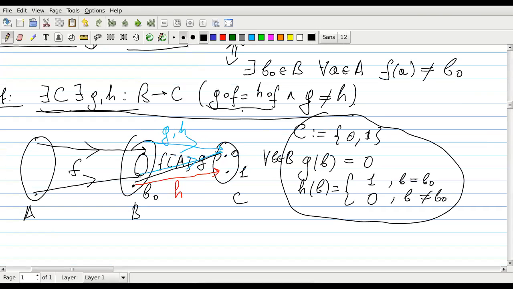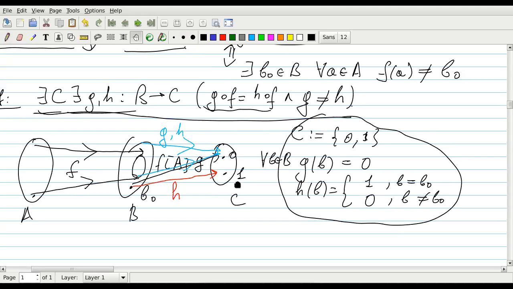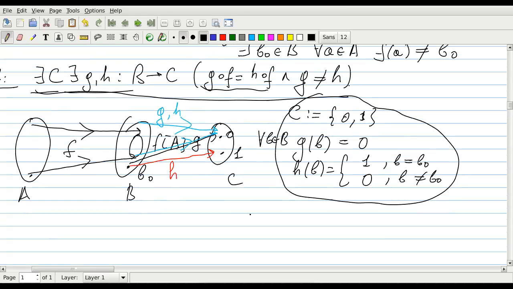And the only thing which remains to be done is proving that these two compositions are equal while G differs from H. Why does G differ from H? G of b0 equals what? 0. 0 is not 1, so G and H are distinct. Is it clear? Yes.